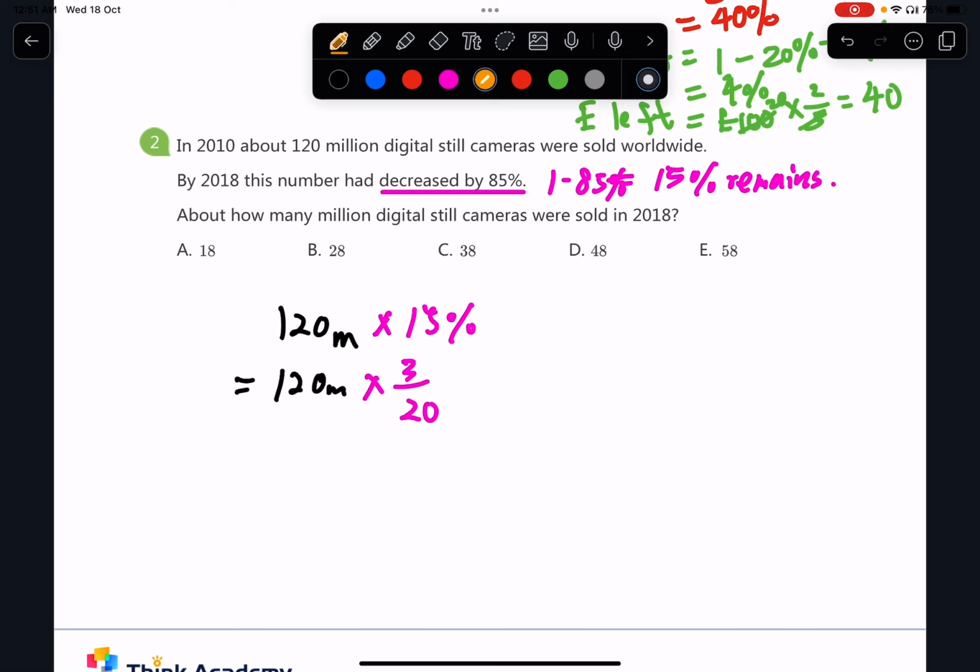So now we simplify the multiplication. 20 and 120 can be cancelled out. It will be 6 million. So 6 million times 3 is 18 million. So in 2018, only 18 million digital still cameras were sold. So the answer is A.